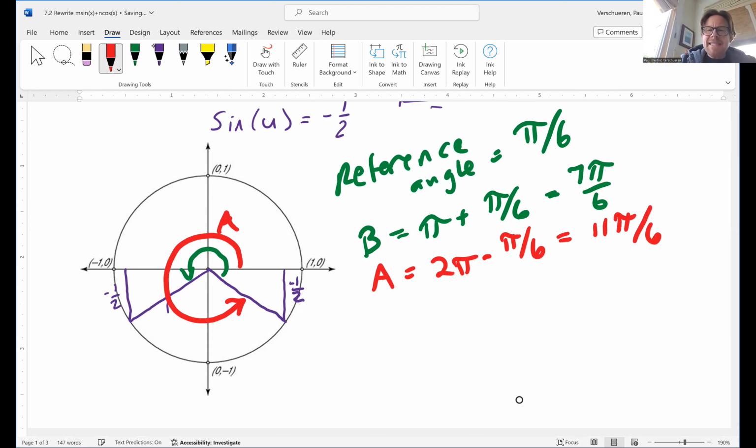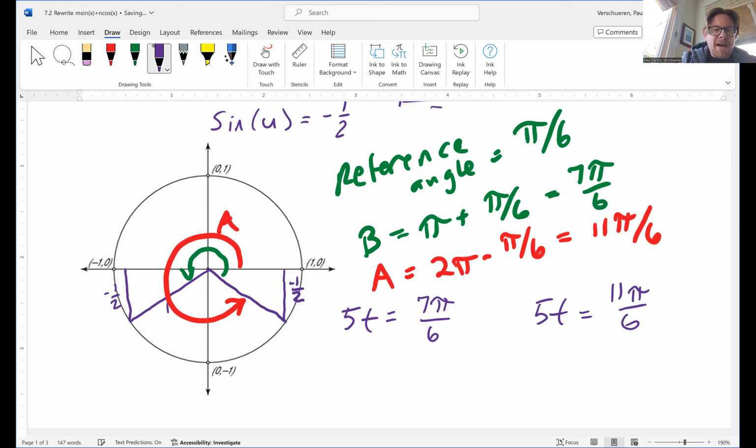If we bring back the t in this case, that means we've got two scenarios where 5t is either that B angle, 7 pi over 6, or 5t is 11 pi over 6.